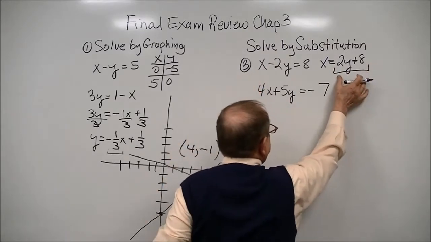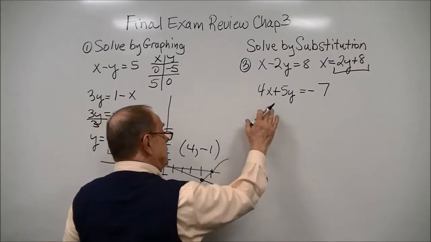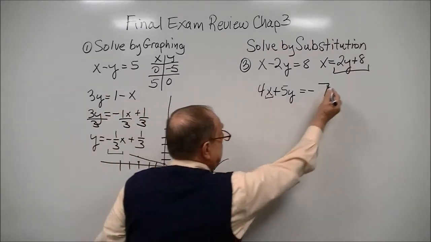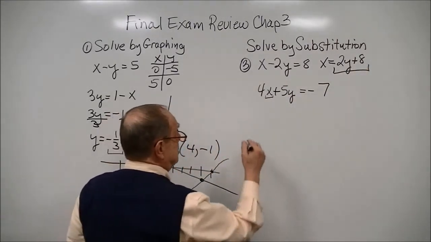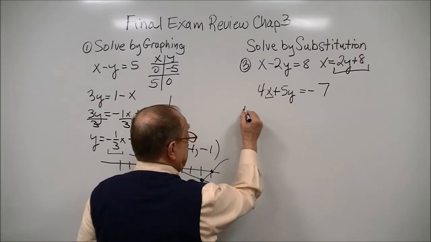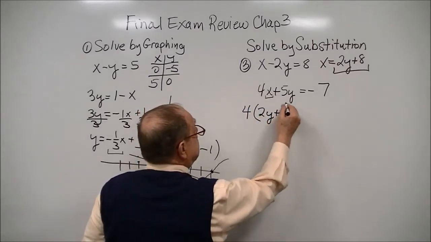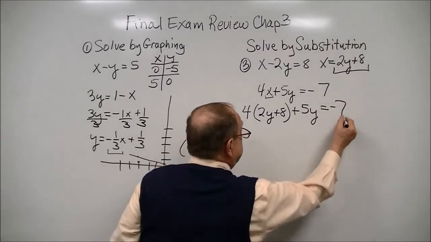So there's a value for x. Now I go into the other equation, and where I have my x, I'm going to put this value. That's the substitution process. So it's 4 times (2y plus 8) plus 5y equals -7.